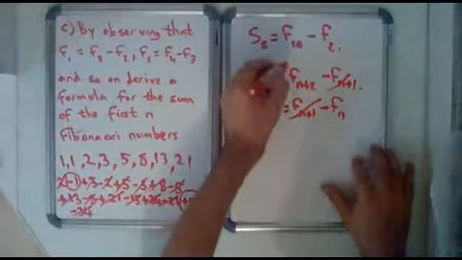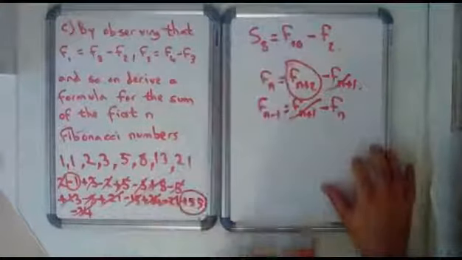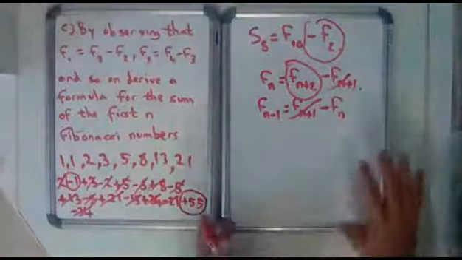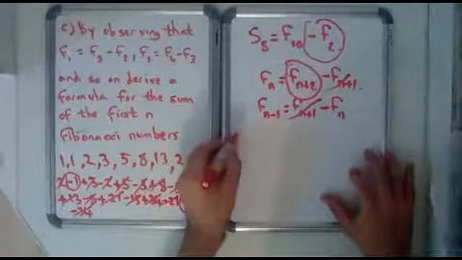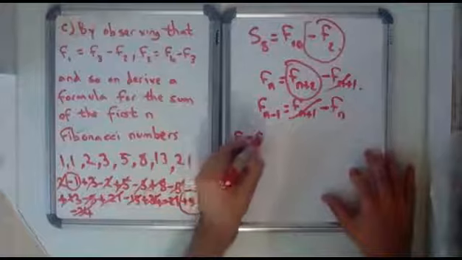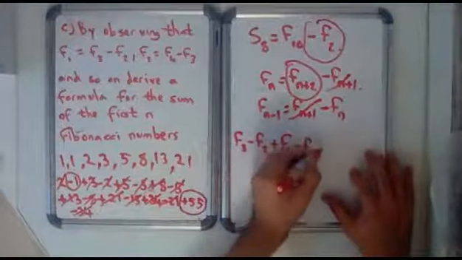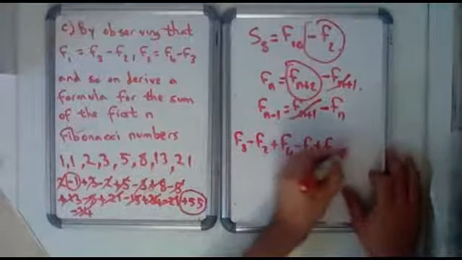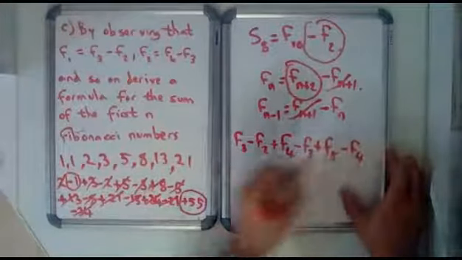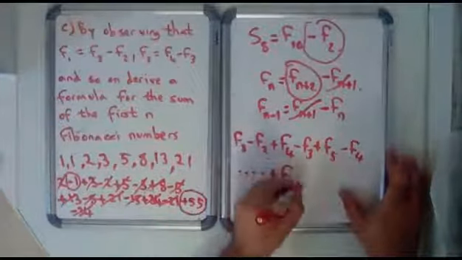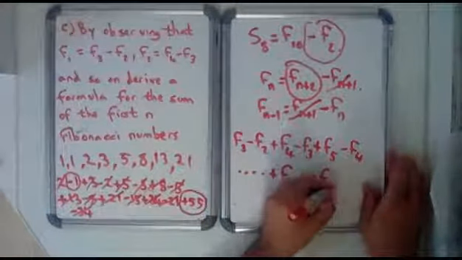What will be left is Fn plus 2 and the F2, the second term, because if we start to add these things up, you would have F3 minus F2 plus F4 minus F3 plus F5 minus F4, and so on, plus Fn plus 2 minus Fn plus 1.